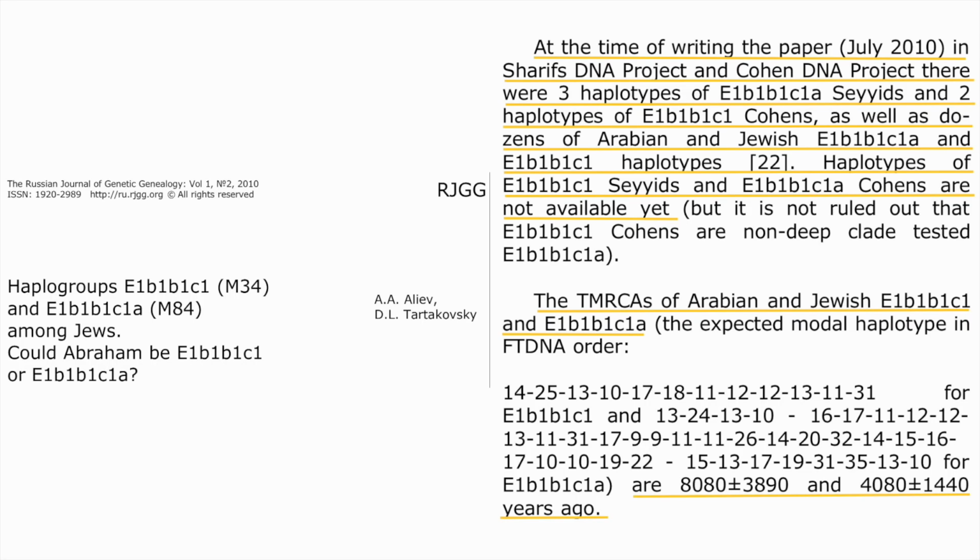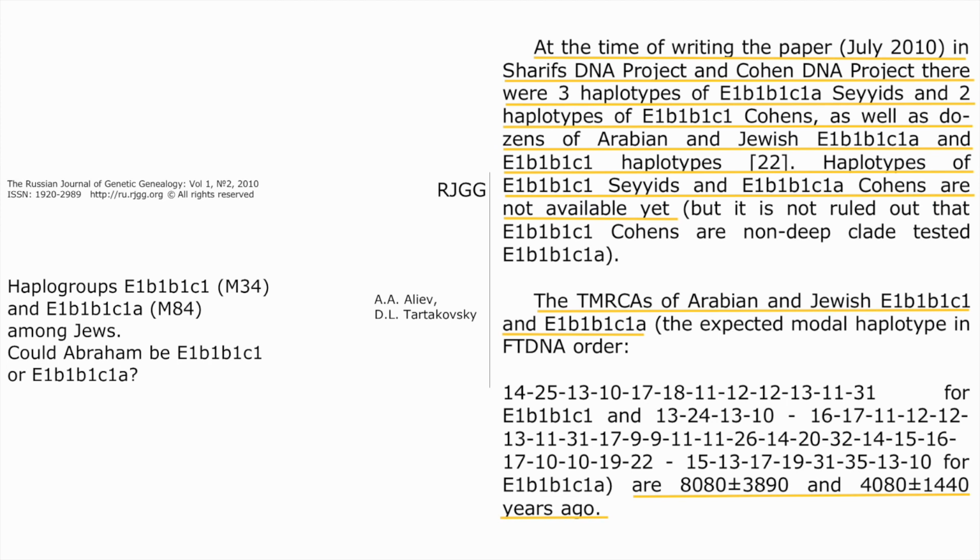At the time of writing the paper, July 2010, in the Sharif DNA Project and Cohen DNA Project, there were 3 haplotypes of E1b1b1c1a Saids and 2 haplotypes of E1b1b1c1 Cohens, as well as dozens of Arabian and Jewish E1b1c1a and E1b1c1 haplotypes.